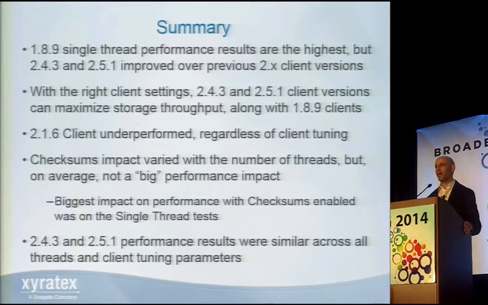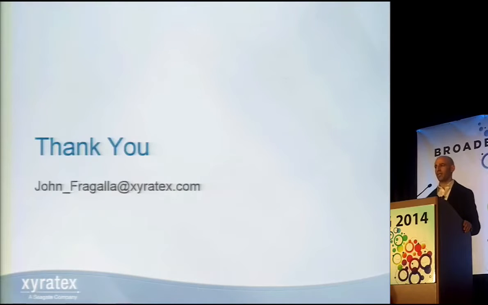And the checksums impact on the throughput test were not big, within 6% of the results when checksums were disabled. And again, 243, 251 almost performed similarly in these benchmarks that I tabulated for the performance curves for maximizing storage throughput. Thank you.